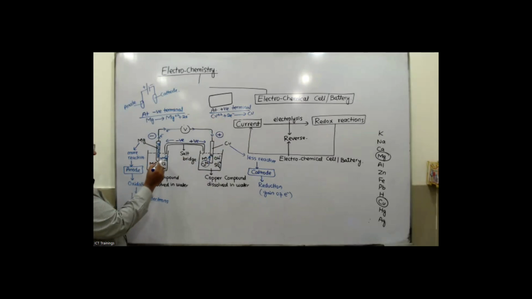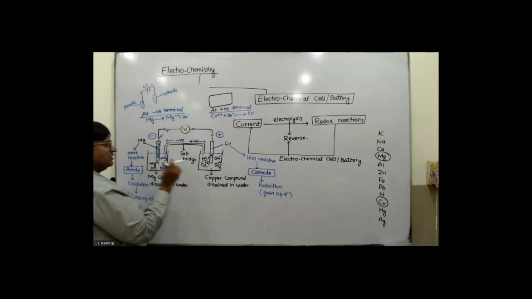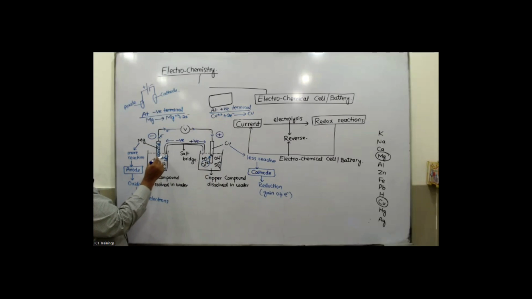Now, if you look up here, the electrons are releasing from the magnesium atoms and they are moving from here to here. And this solution is becoming positively charged. Why? Because the magnesium atoms are breaking to form magnesium ions. So these magnesium positive ions are neutralized by these negative ions.